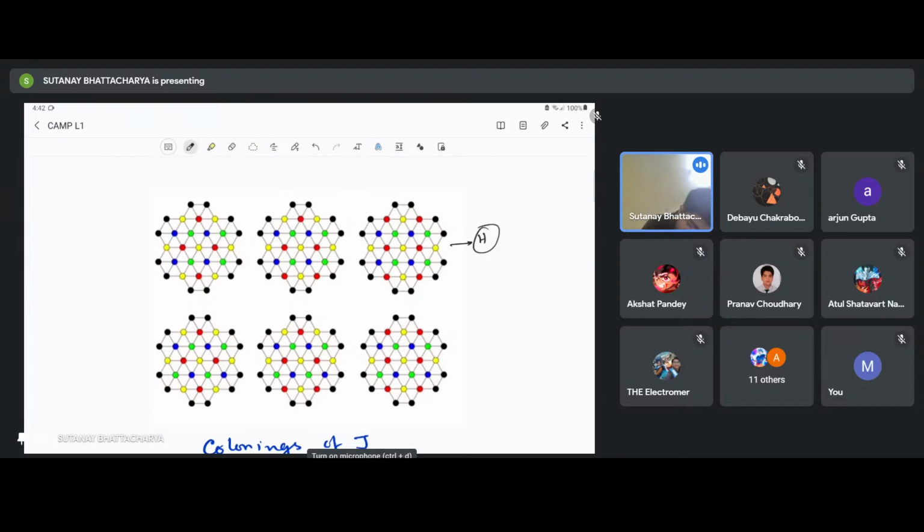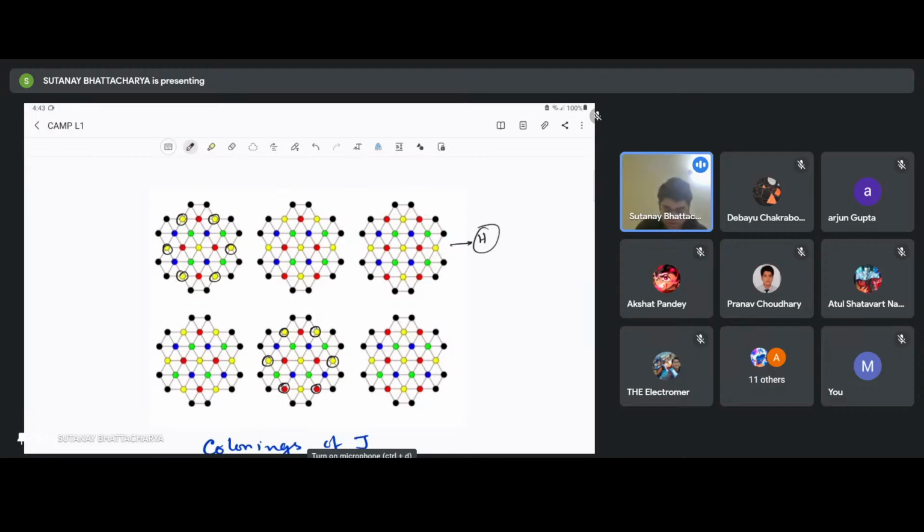So in this case, these are the linking vertices, and they all have the color yellow, which is the same as the color at the center. If you look at this case, all of these have only two colors, red and yellow.